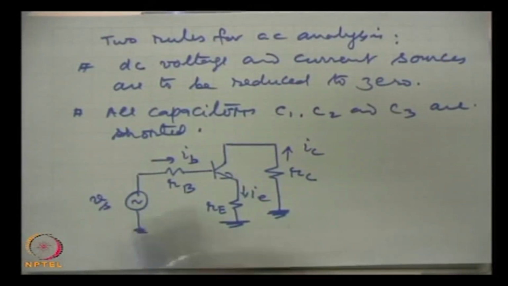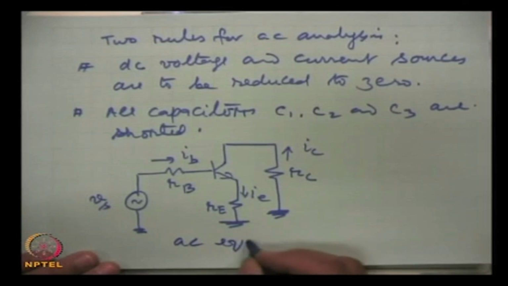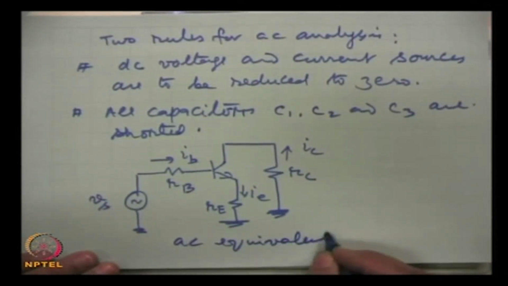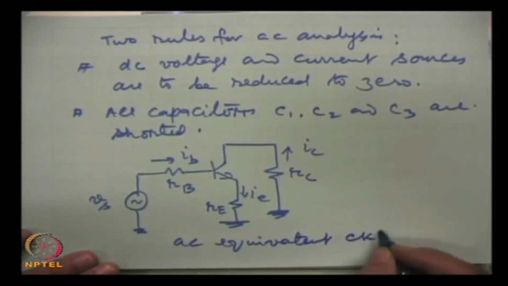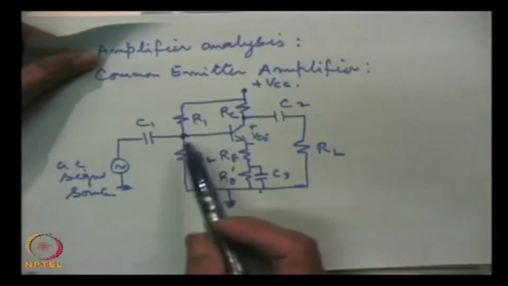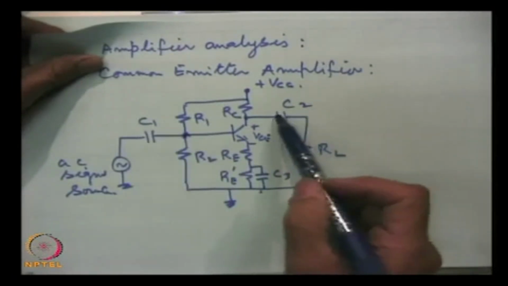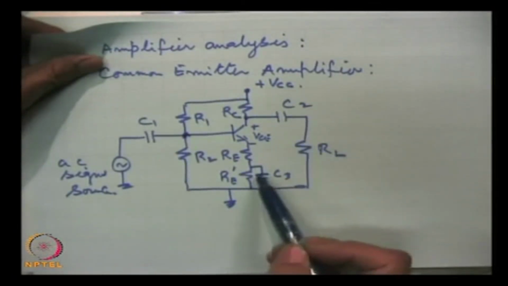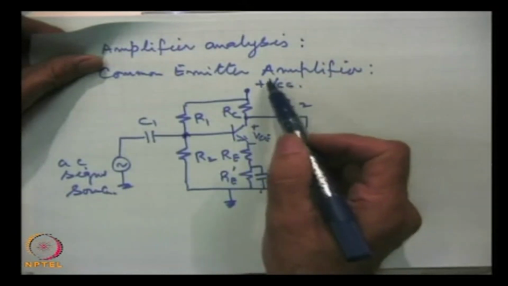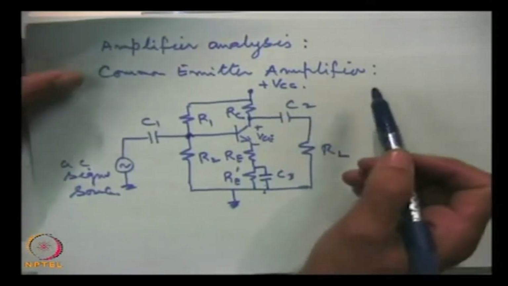this, the AC equivalent circuit. The actual circuit is this, and when we short this, we short this, we short this, and DC voltage sources have to be grounded. So, this point is grounded.